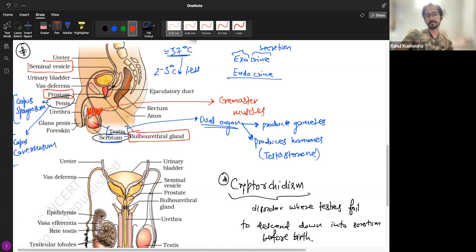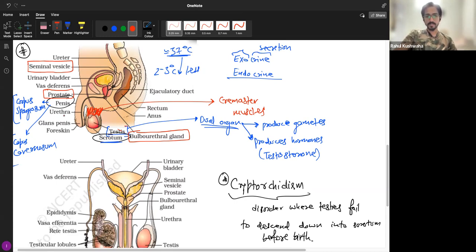It's here. So only the prostate is a single gland. Seminal vesicle is a pair, and bulbourethral is also a pair. Because this is a side view, you only see one of each, because the other is on the other side. So seminal vesicle, prostate, and bulbourethral we talked about, right? We will talk about them in detail in some time.